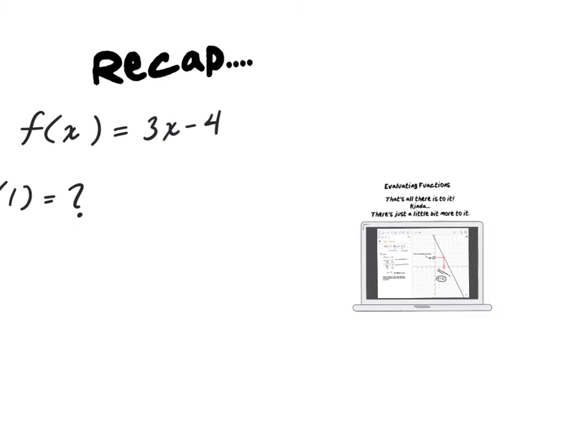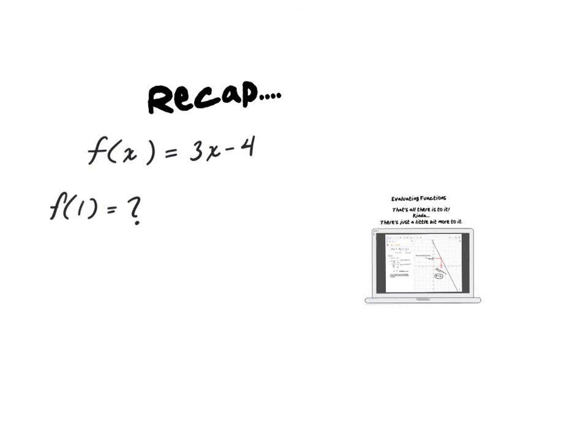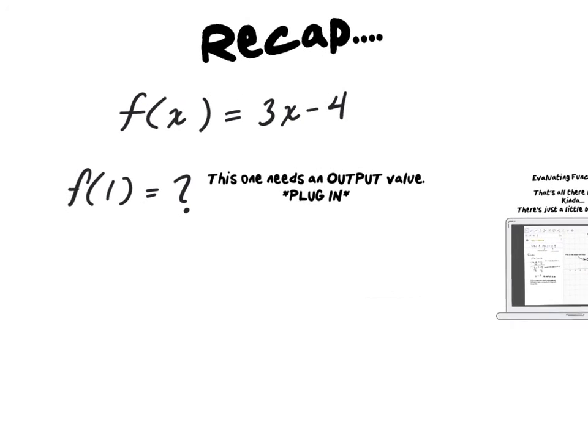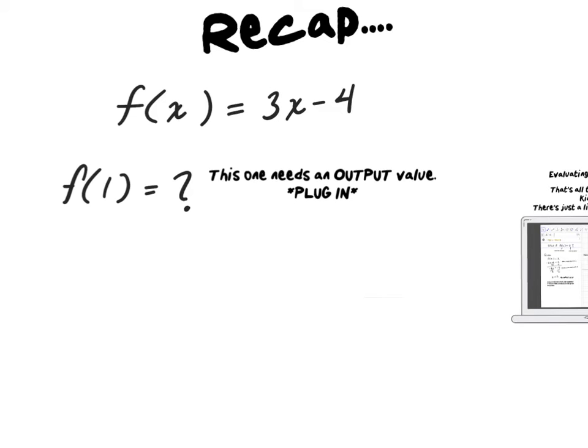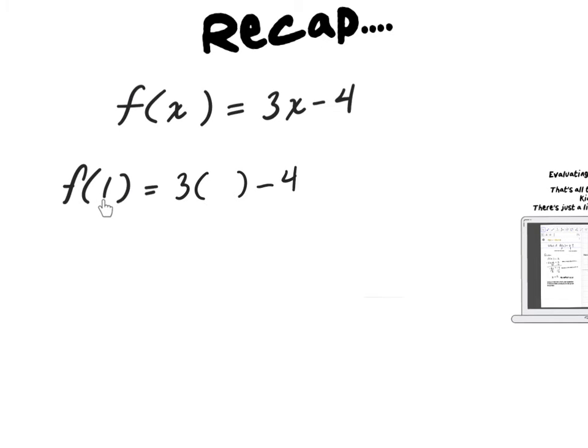So a quick recap. If I need to find the output, all I have to do is plug in. Remember, anywhere there's a variable, I replace it with this value to represent my input.